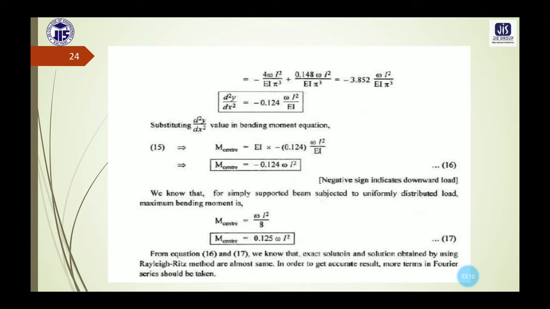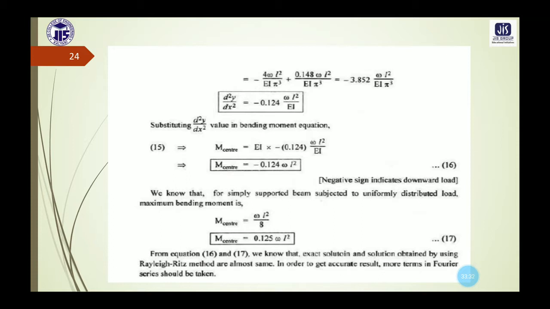Now this negative sign indicates the downward load. For a simply supported beam subjected to a uniformly distributed load, the maximum bending moment formula is omega L square by 8, which is 0.125 omega L square.